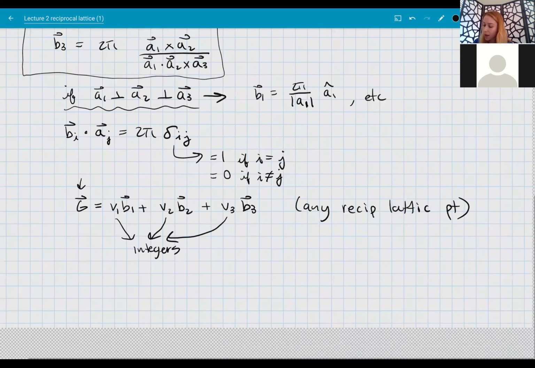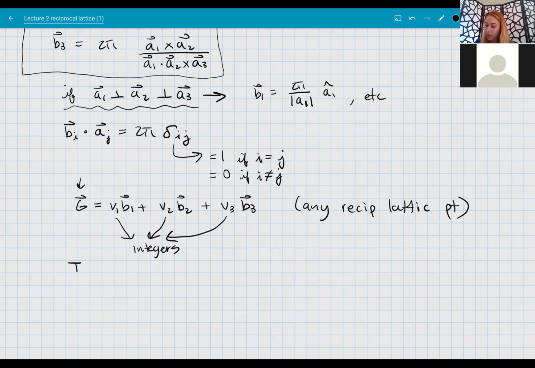Just as a reminder, if we're talking about the direct lattice, usually the notation is T, and any point in the direct lattice can be written as u1 times a1 plus u2 times a2 plus u3 times a3, where u1, u2, and u3 are also integers.